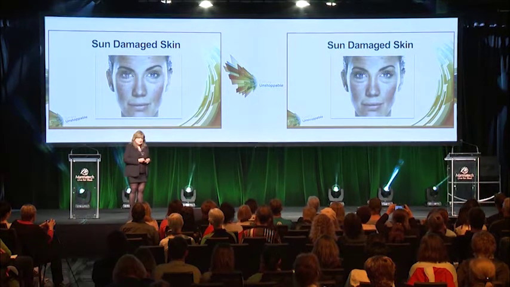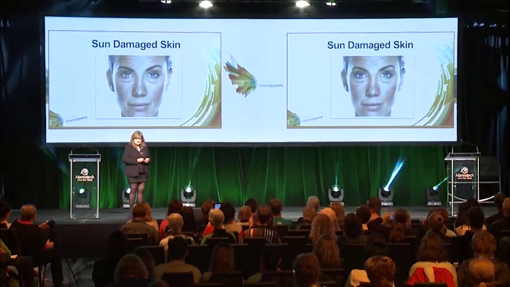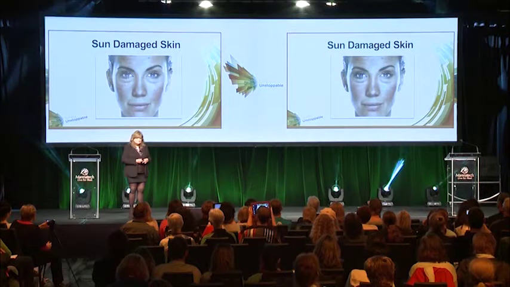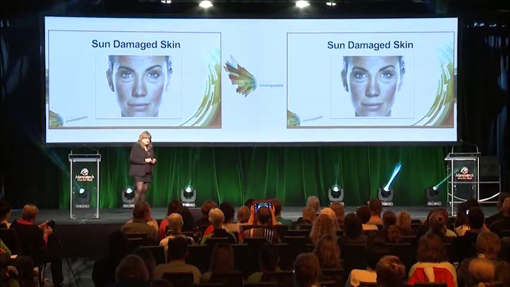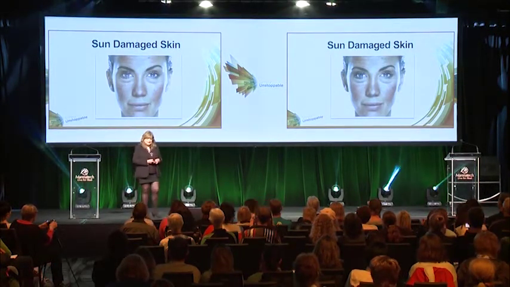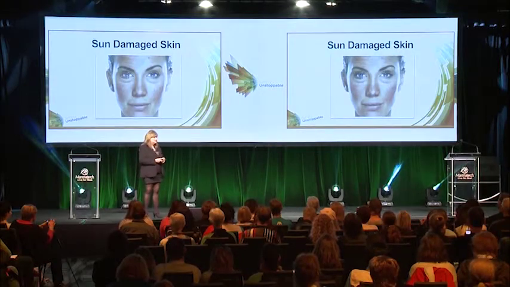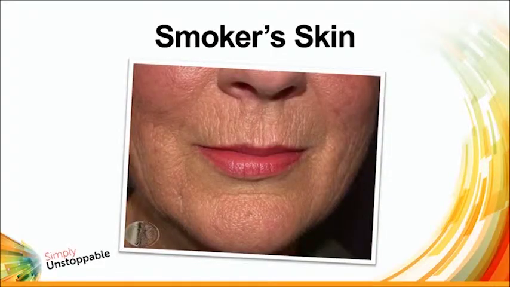This is your pigmented skin, age spots on the skin, number of different causes, so we need to look at how to protect aged skin. And here we have someone who smokes a lot, and you can see the fine lines, wrinkles all around the mouth area, and you can see redness, broken capillaries on her cheeks as well.